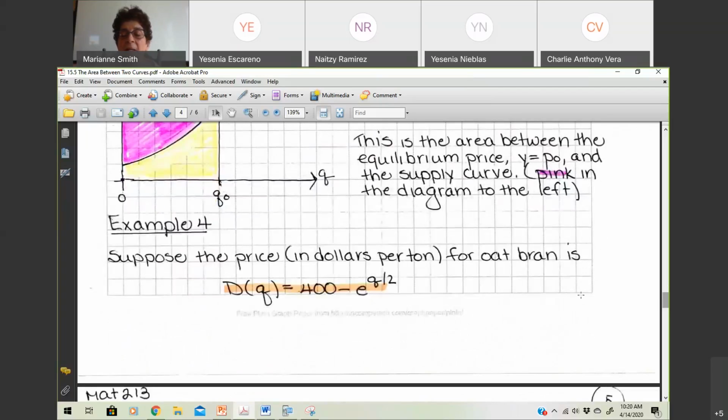Now, in this example, we're talking about a commodity called oat bran. It's a grain type product that might be used in making bread or other types of food. Suppose I have a demand curve for that, where D of Q is a price, that says the price in dollars per ton is 400 minus e to the Q over 2.